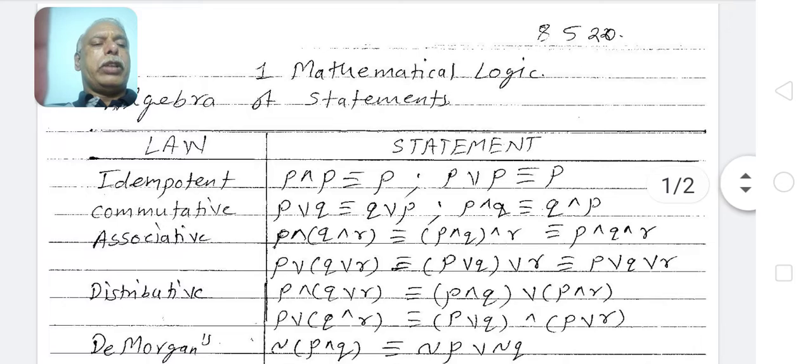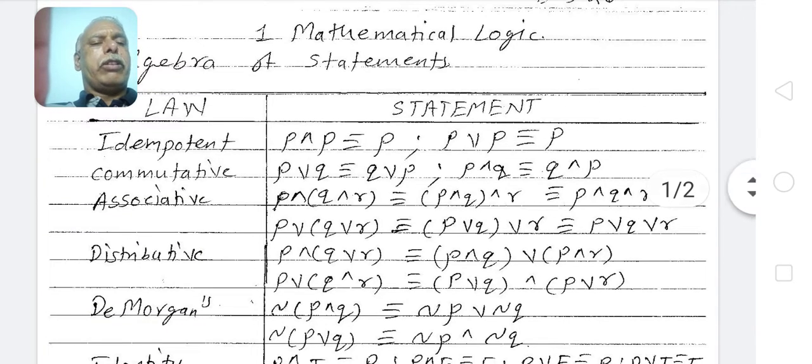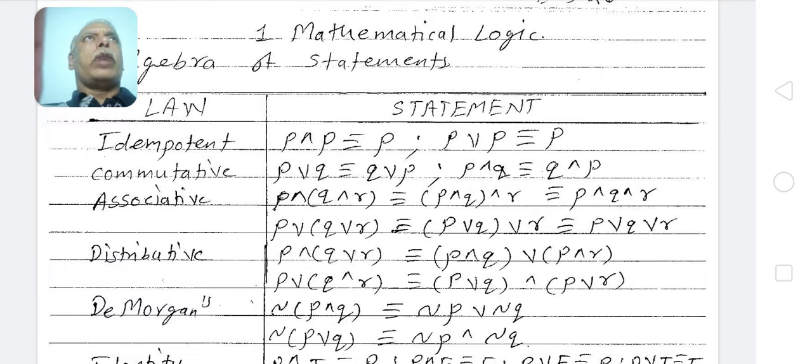Now this is also applicable in algebra. We have already studied it in fifth to eighth standard. Consider one example from algebra: 2 into bracket x plus y gives 2 into x plus 2 into y.